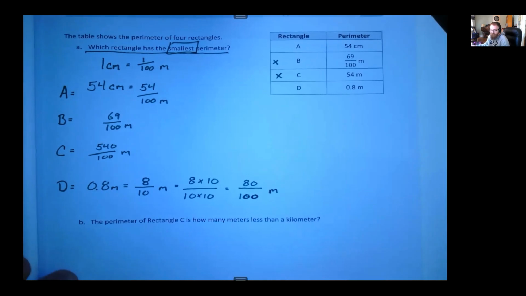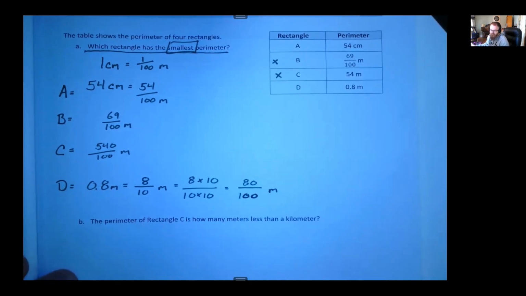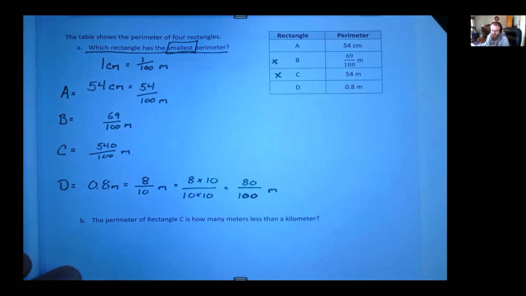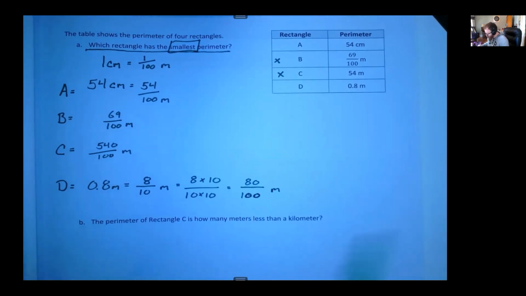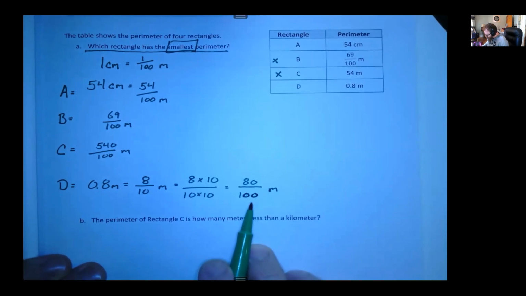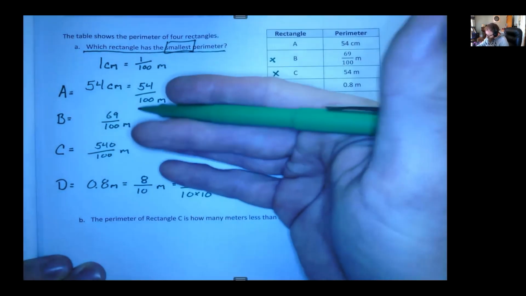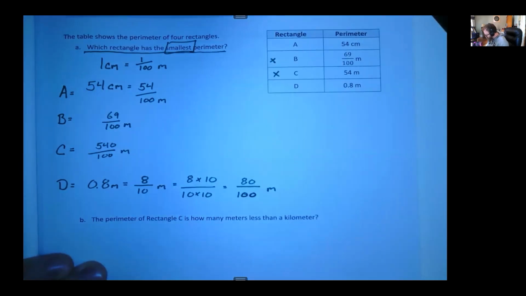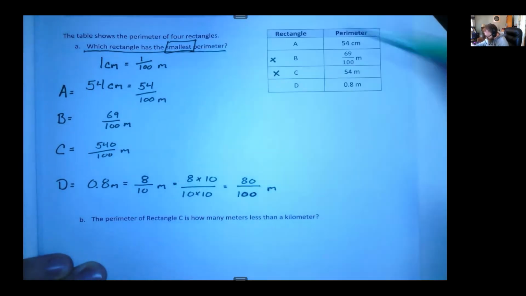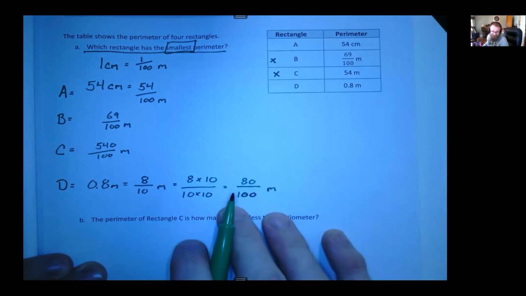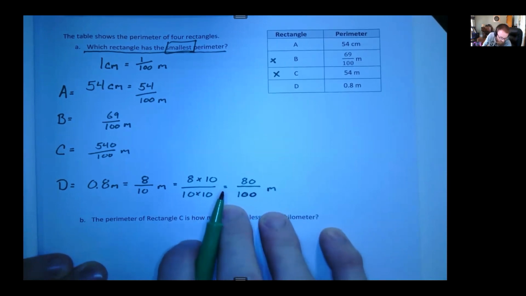Now we can find the smallest rectangle because we have them all measured with the same units and the same denominator. We have 80/100ths, 540/100ths, 69/100ths, and 54/100ths. All we need to do now is find the smallest numerator.